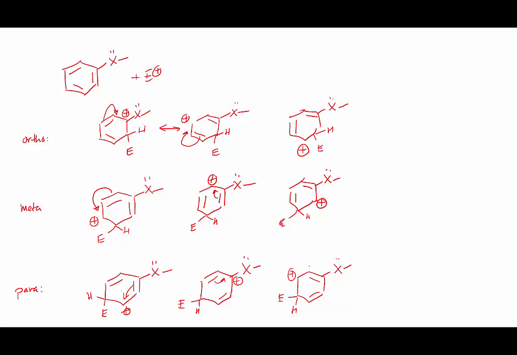Except right now, what's the situation? They're all the same. I've got 3 for each. Or do I? What if I take the original structure here and take this lone pair and share it with the plus charge, so that I form a 4th resonance structure?